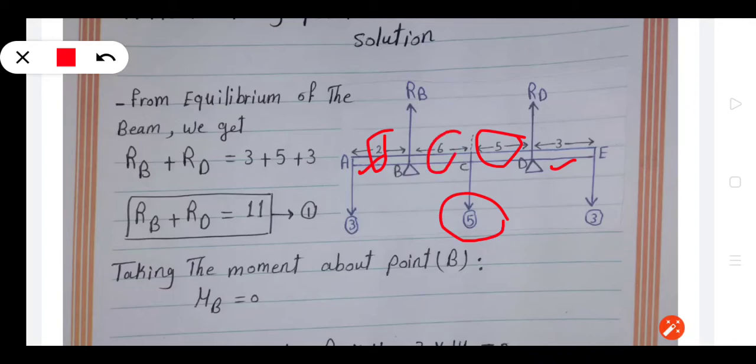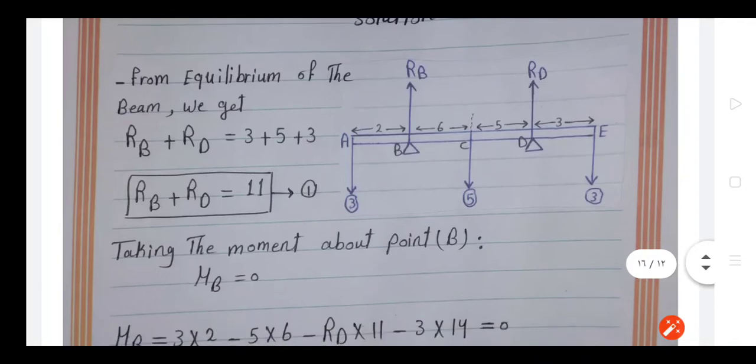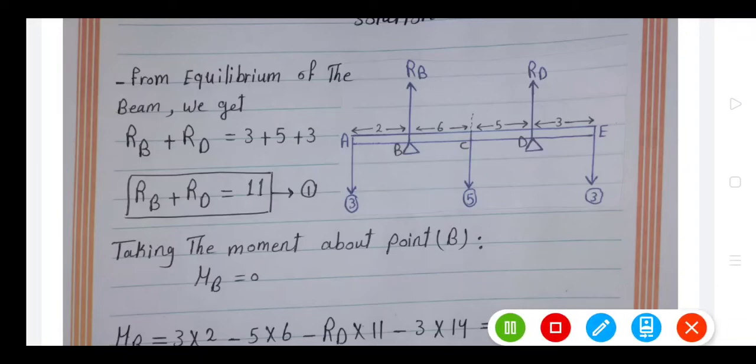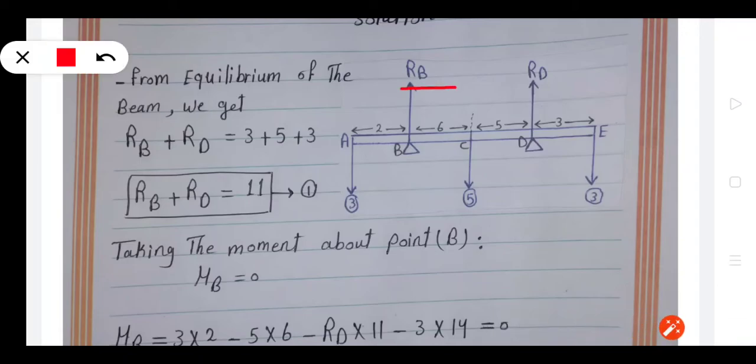Now, to solve this problem, first we will study equilibrium of the rod to find the reactions, taking a moment about B or D. We notice that RB plus RD equals 3 plus 5 plus 3, which is 11. RB plus RD equals 11.